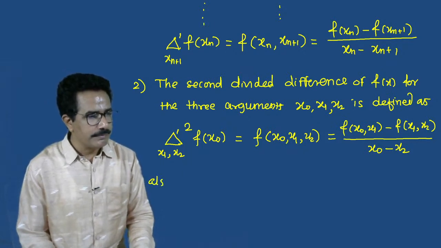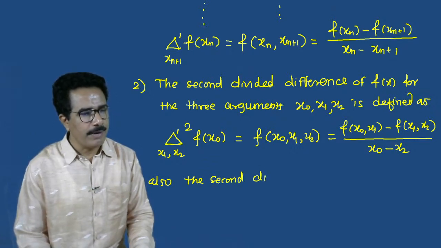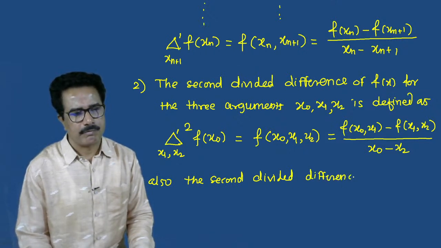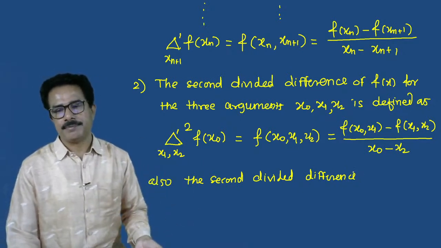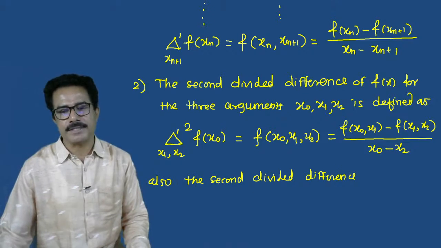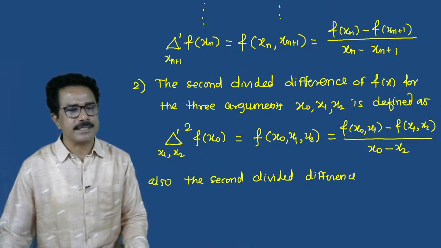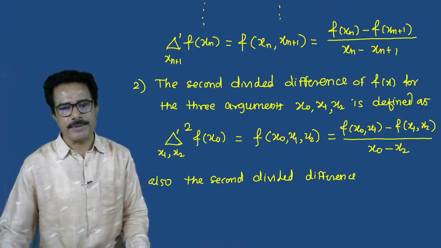The second divided difference, this was for one set of arguments; similarly for 3 arguments, for 4 arguments, in this way we can take the second divided difference. For n arguments, how would we have to take it then? Now if we want to take it for 4, how would we take it? x0 to x1, x1 to x2, we can take this way.